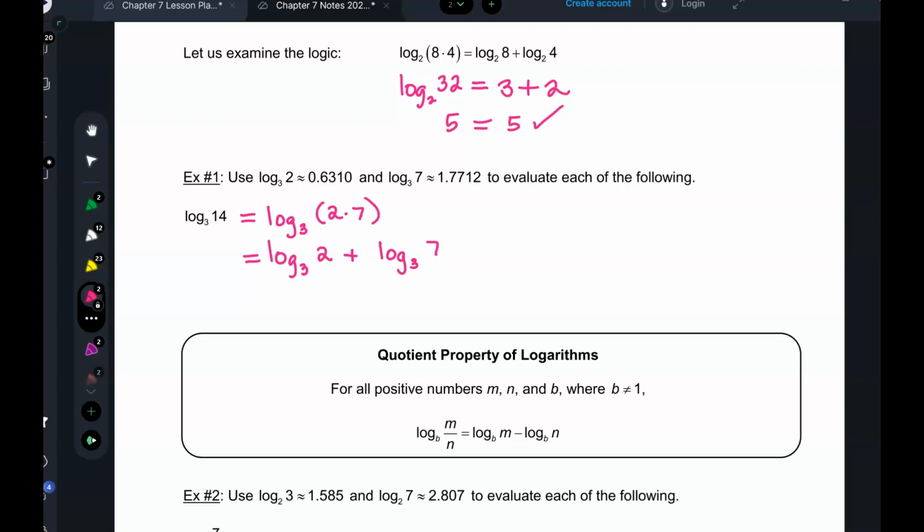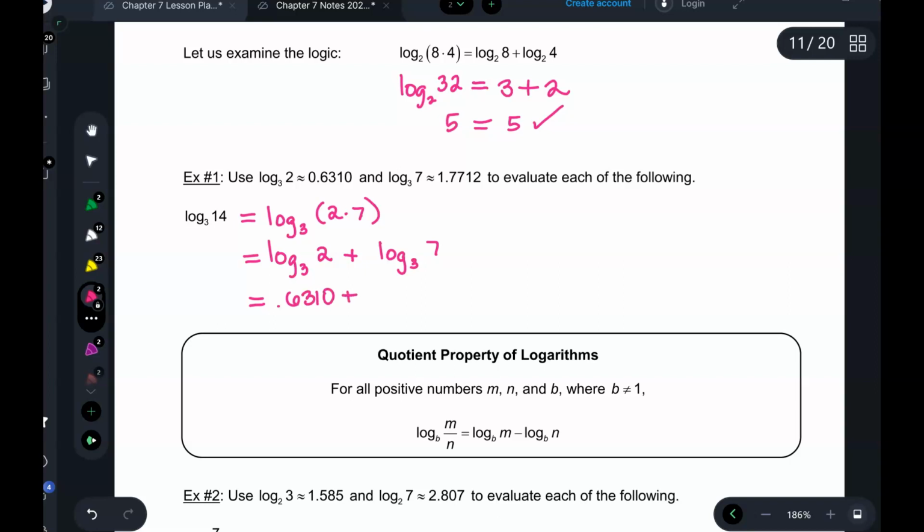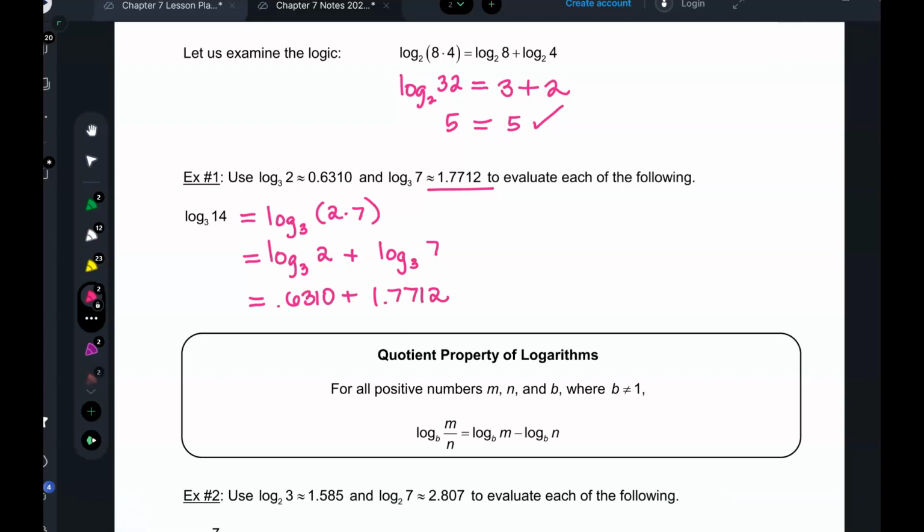So I'm taking 14 and rewriting it as a product, and then using the product property, we add those two together. Why do I want to do that? Well, I know what log base 3 of 2 is. That's what? 0.631. And log base 3 of 7 is 1.7712. Can I add those two together? Yeah, 2.4022.